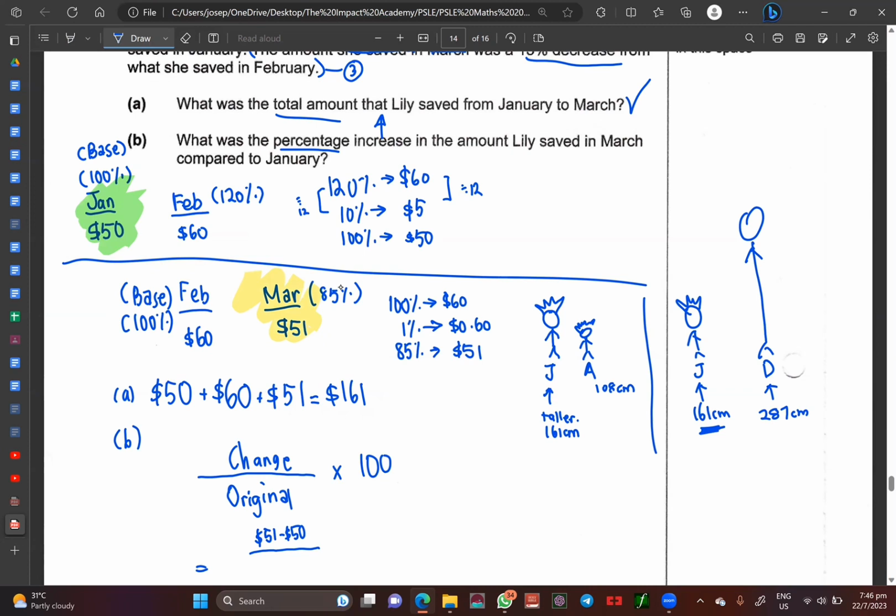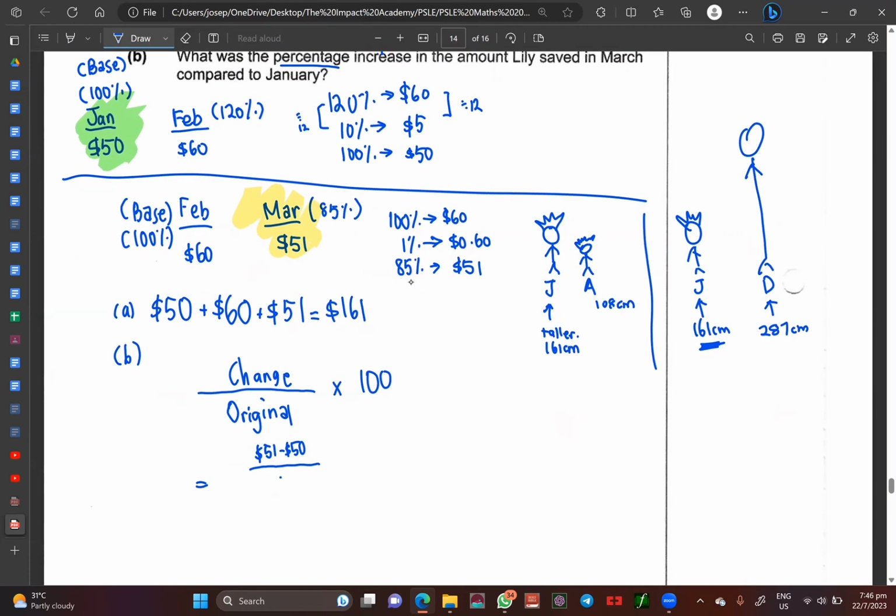The original always has to be the earliest one. So January or March, you tell me which one is earlier. Of course, January, right? So this is the original, which is $50. So when you times 100, 51 minus 50 gives you 1 over 50 times 100, and you get a 2% increase. Okay, and therefore this is my answer for this question.